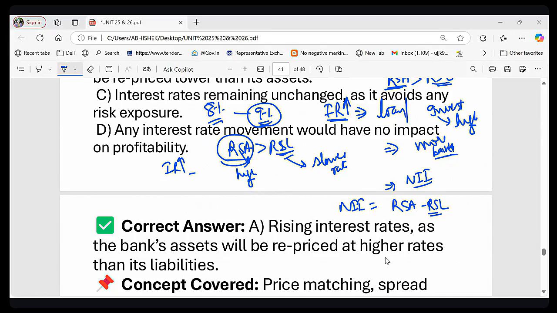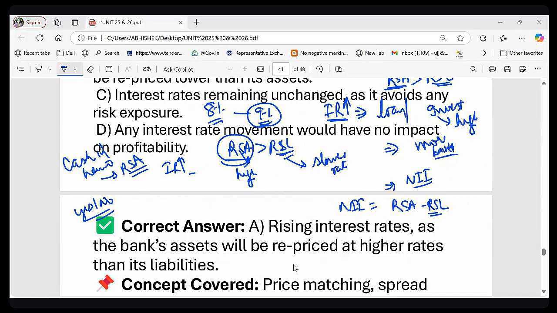Now one more question I want to ask you: whether cash in hand is a rate sensitive liability, yes or no? Sorry, rate sensitive asset, yes or no? Cash in hand is a kind of asset, but whether it is a rate sensitive asset, yes or no? Please answer. Let us check your understanding.